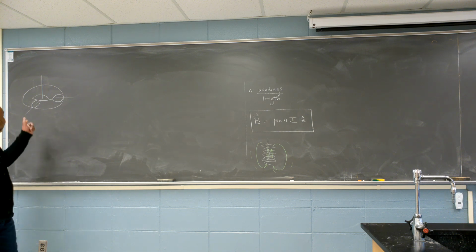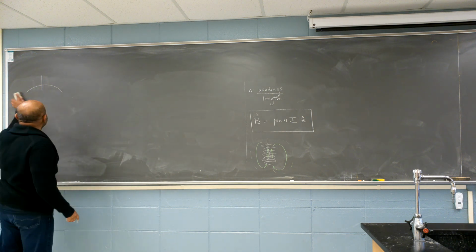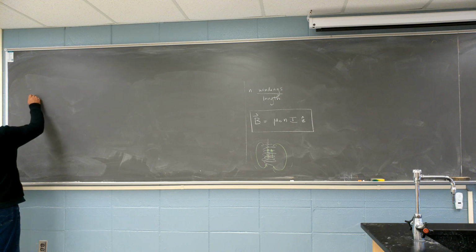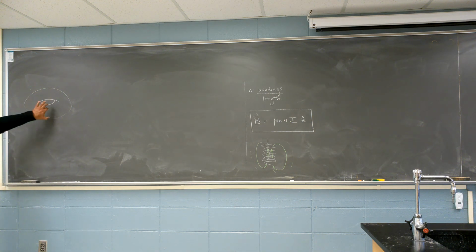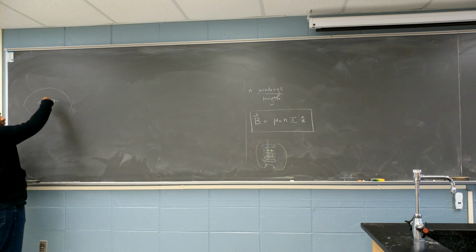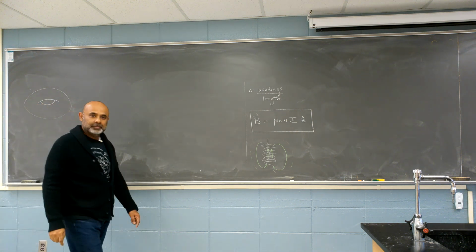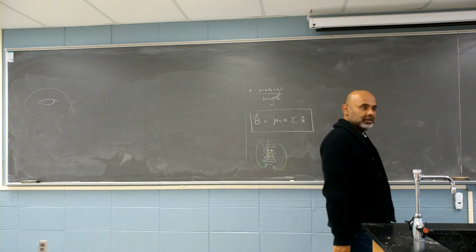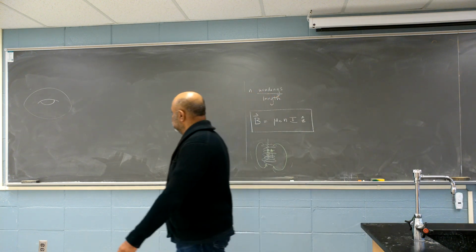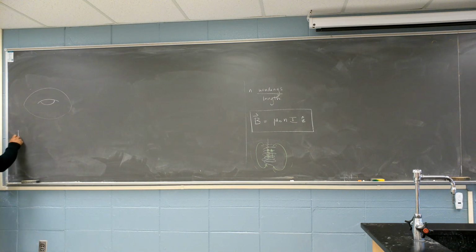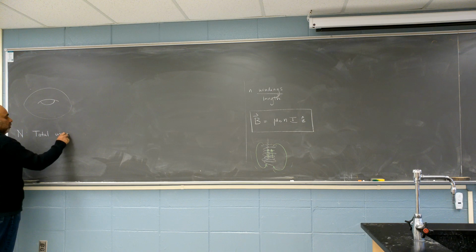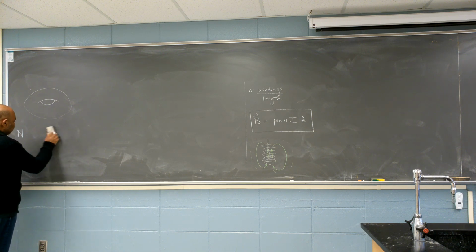I don't need these two guys, right? And the wires are wound this way. Okay? So in this case, you have N total number of windings, a winding number.